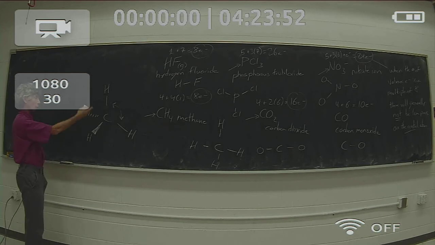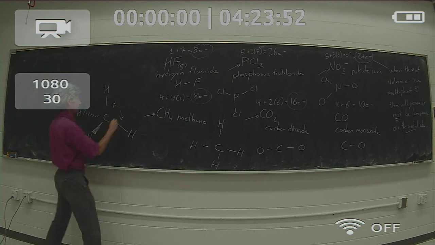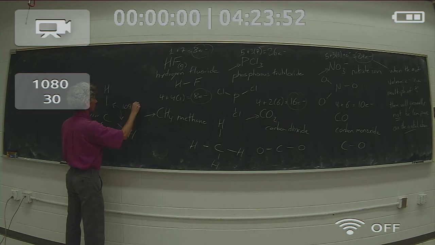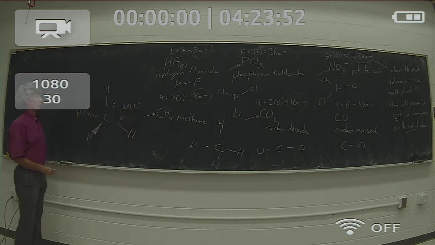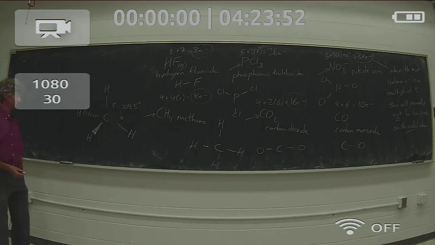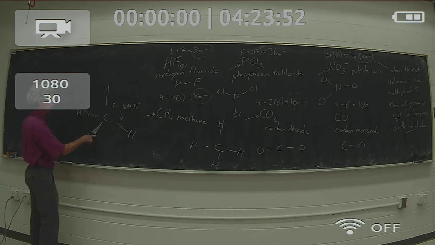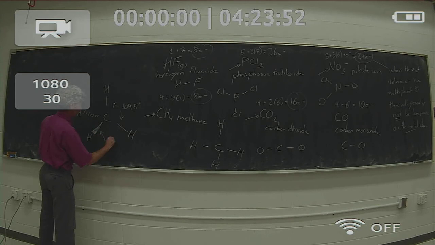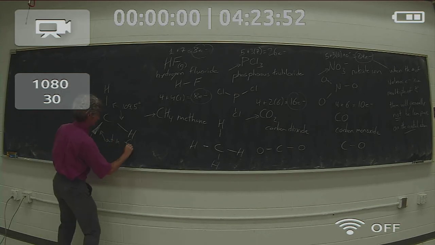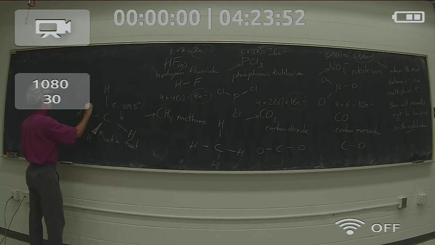This is 4 electron groups on the carbon, 4 equivalent hydrogens, so it will be a tetrahedral molecule with an angle of 109.5 degrees, and the 4 hydrogens at the corners of the tetrahedron. So the solid wedge represents coming out in front of the page, and the dashed wedge represents going back behind.